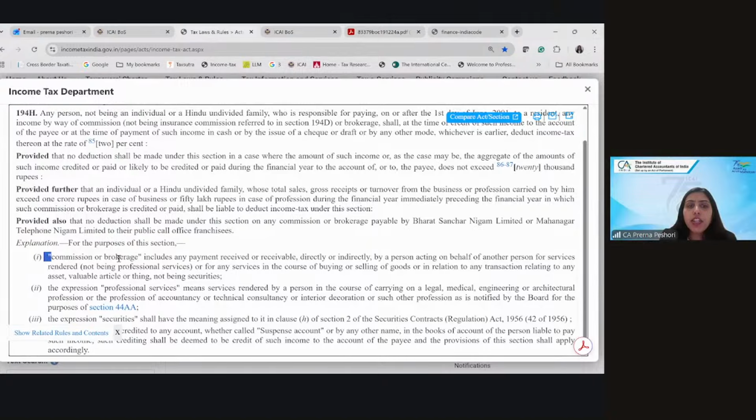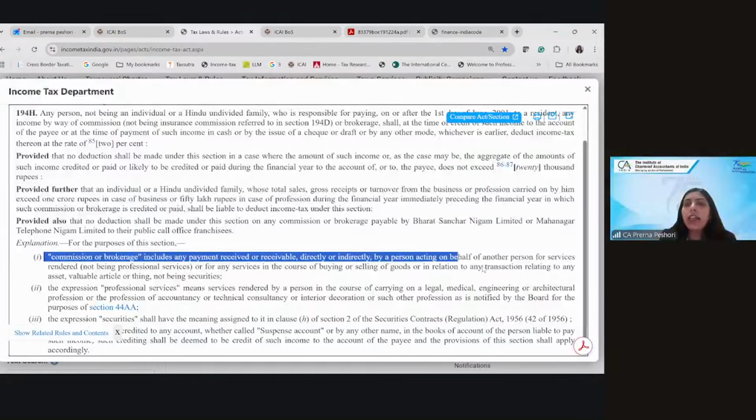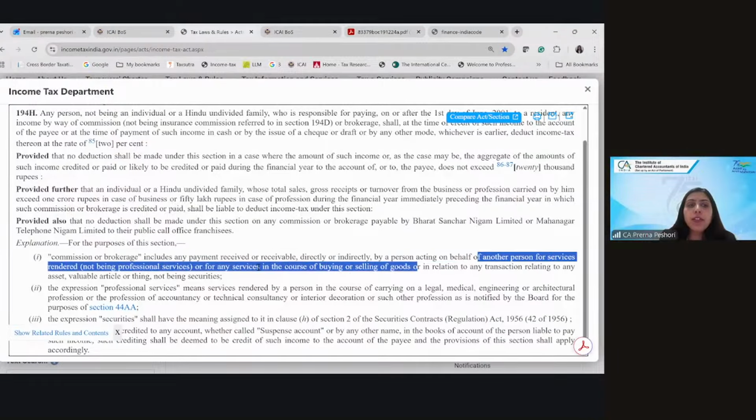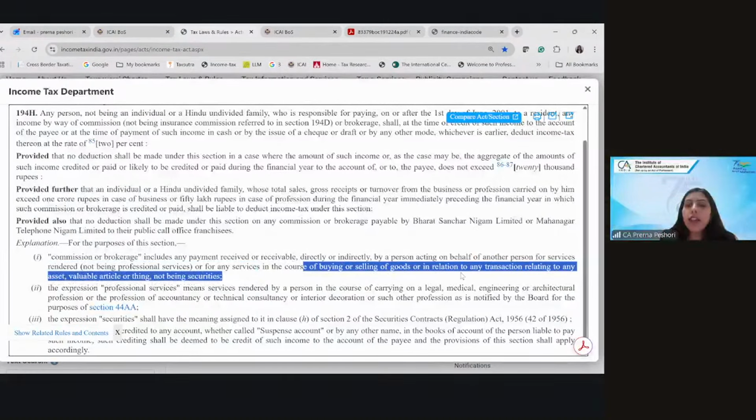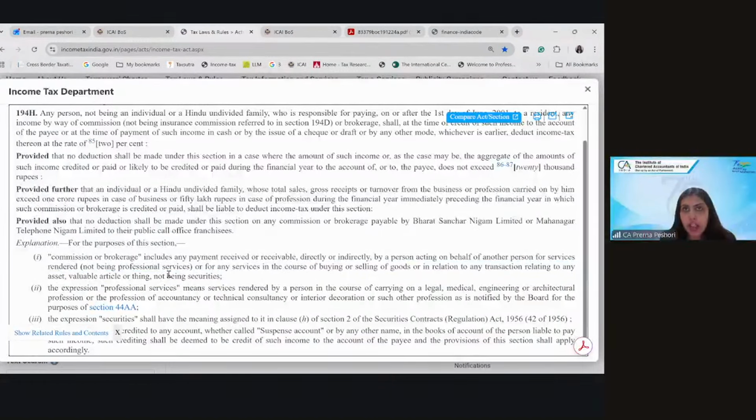Commission or brokerage includes any payment received or receivable directly or indirectly by a person acting on behalf of another person for service rendered, not being the professional services or for any services in the course of buying or selling goods or in relation to any transaction relating to any asset, valuable article or thing, not being the securities. So this is the definition of commission which has been given.